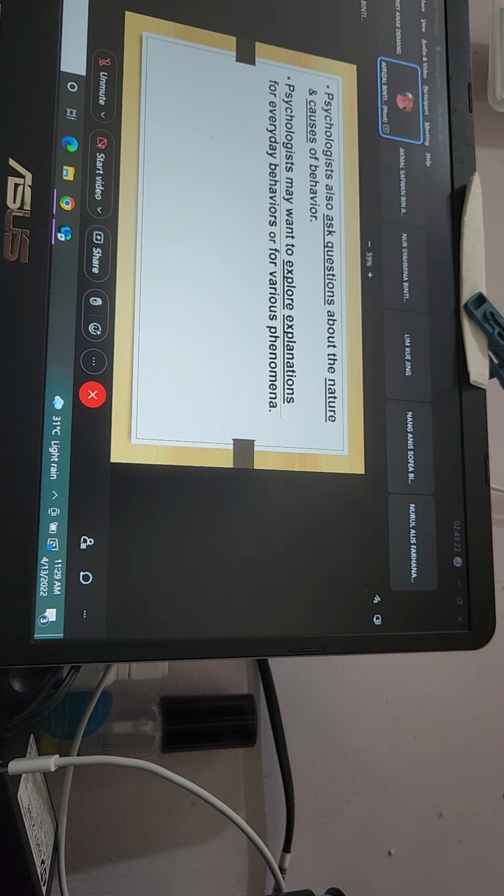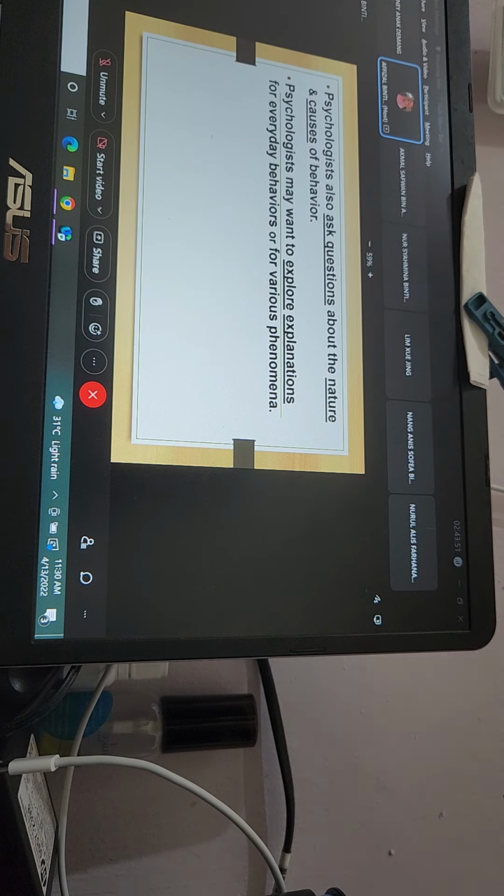What are the effects of going to the night market on people's physical and mental health? That might be your question. You want to investigate the effects that the night market has on people's mental health and physical health. That might be your question.